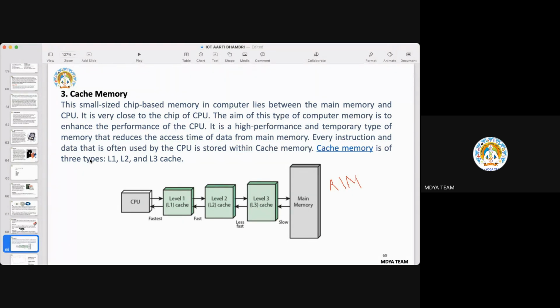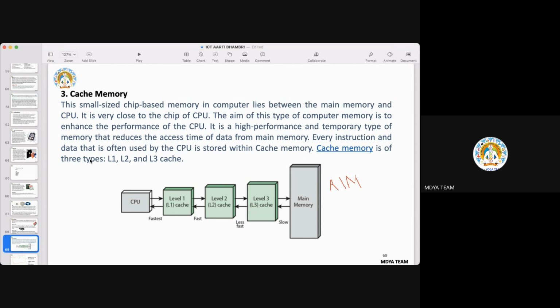It is close to the chip of the CPU. The aim is just to make the functioning of the computer faster by enhancing the performance of the CPU. So it is a high performance and temporary type of memory that reduces the access time of data from main memory. That is the main purpose.